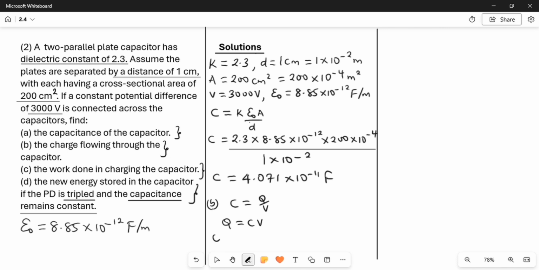C has been calculated from A as 4.071 times 10 to the power negative 11 farad, and the voltage is 3000 volts. So that our Q is approximately 1.22 times 10 to the power negative 7 coulomb.